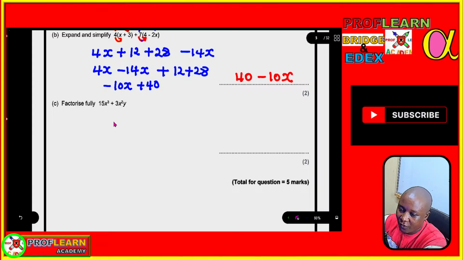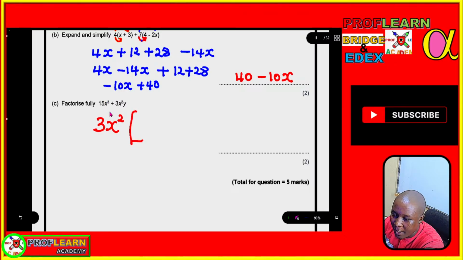Now, factorize fully. We are going to factorize what's common here. We have 3 is common, and x squared is common, because this x power 3x squared can be going inside there. And then, if we take 3x squared out, we shall remain with 5x, so that 5 times 3 will be 15, and x squared times x will be x cubed.